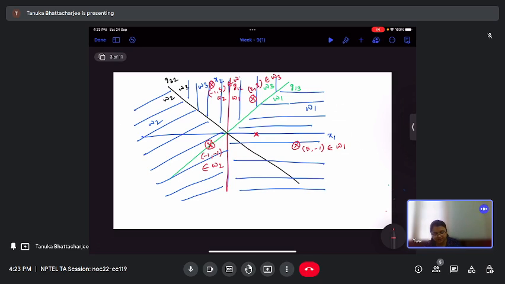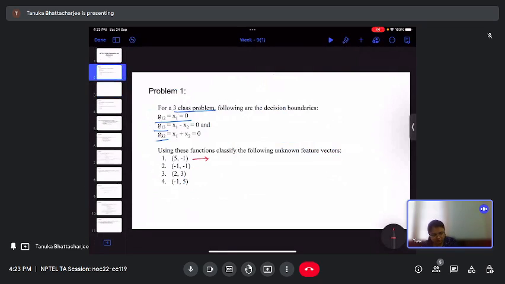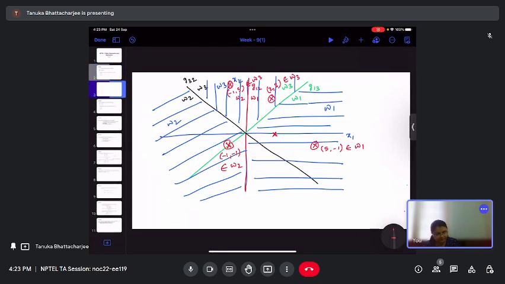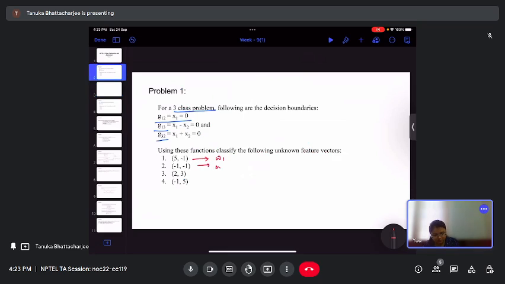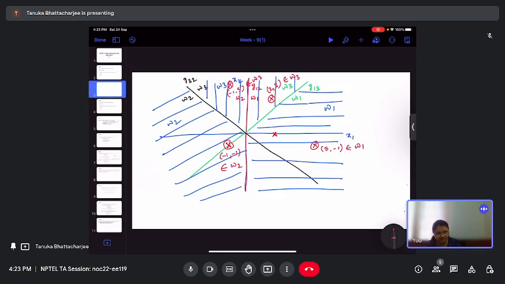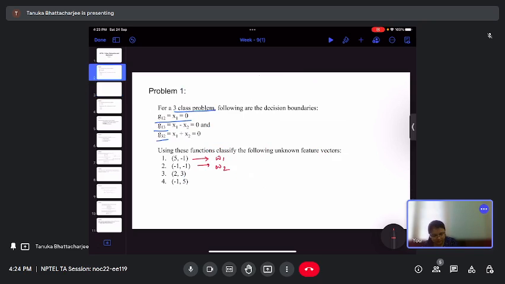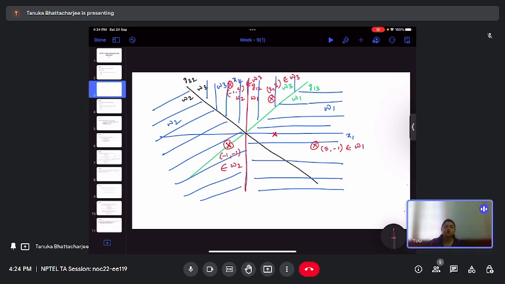As you can see, the first one belongs to class omega 1, then minus 1, minus 1 belongs to class omega 2, and the remaining 2 points, 2, 3 and minus 1, 5, belong to class omega 3. Both of these belong to class omega 3. So here, the entire feature space is distributed between these 3 classes.